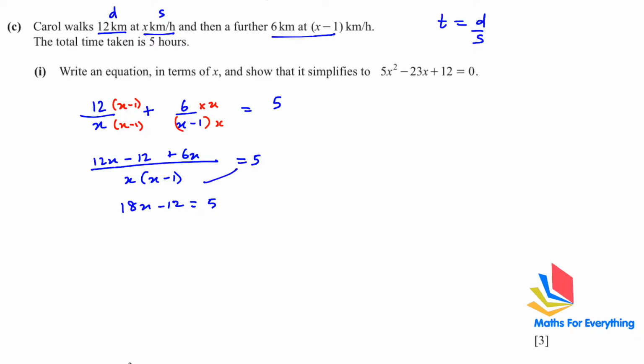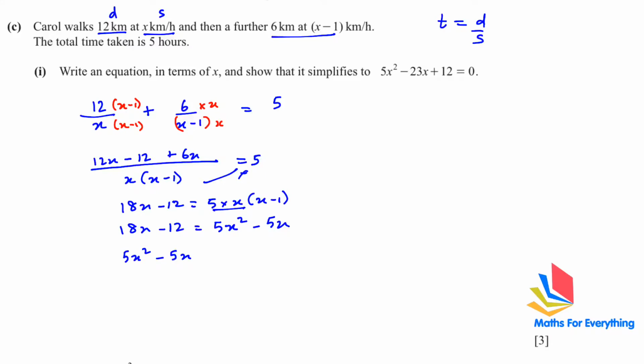Cross multiply this here, multiply by x and x minus 1. Therefore 18x minus 12 is equal to 5x multiplied by x is 5x squared, and 5x multiplied by negative 1 is negative 5x. Bring everything on one side, the signs will change.